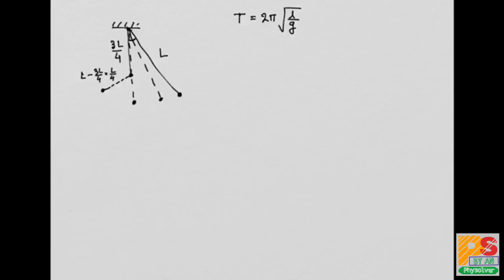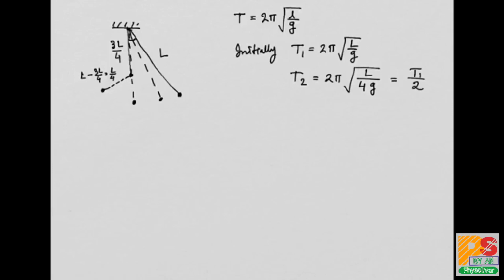Therefore I can say initially time period was 2 pi root over L by g, and after it hits that obstacle the time period becomes 2 pi root over L by 4 by g, since effective length has been changed to L by 4. Therefore I can write T2 is nothing but T1 by 2, right?